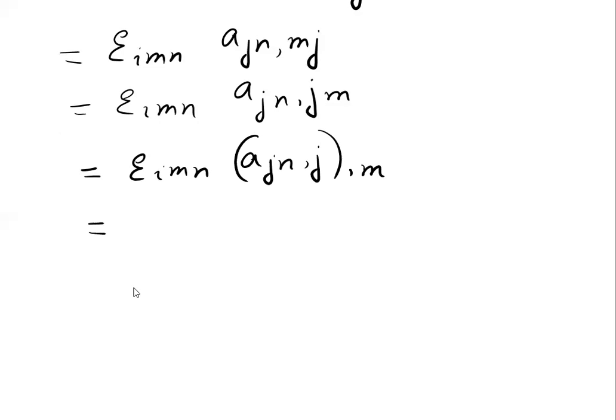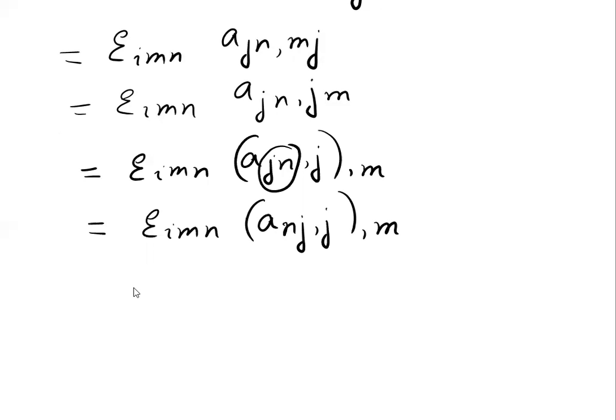That is equal to epsilon Imn. Now I'll reverse. When I'm reversing, I should remember to take the transpose, right? Let me reverse that. So it is A Nj, comma J, comma M. See, here it was Jn, I just reversed it as Nj.